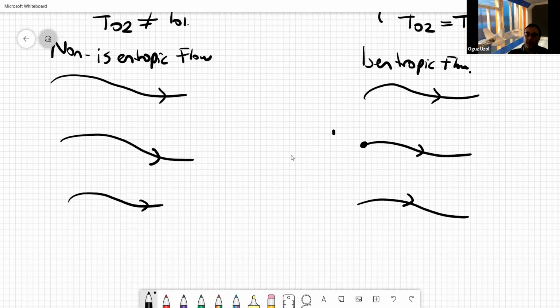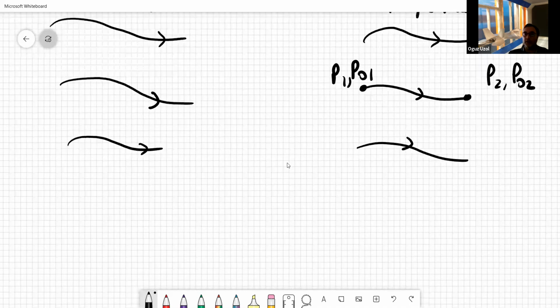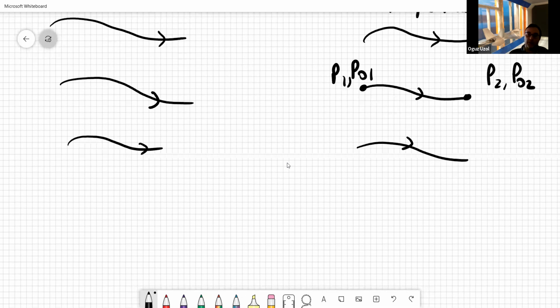So if we have a P1 and P01 at the initial state, and if we have a P2 and P02 at the exit state, reversibility says that there's no dissipative process. There's no entropy generation. Since there's no entropy generation, that is directly related to stagnation pressure. How, we will discuss next week. But for an isentropic process, P02 also remains constant.